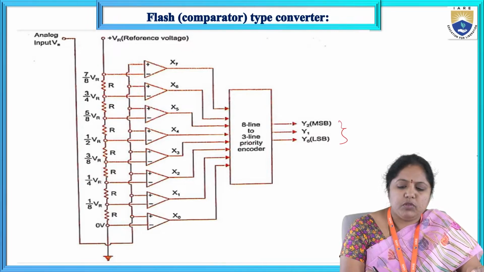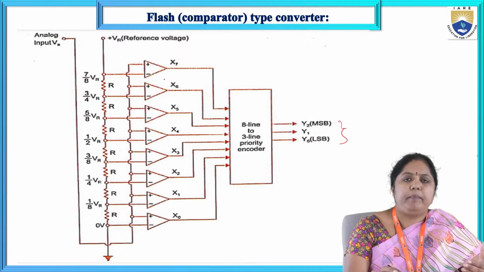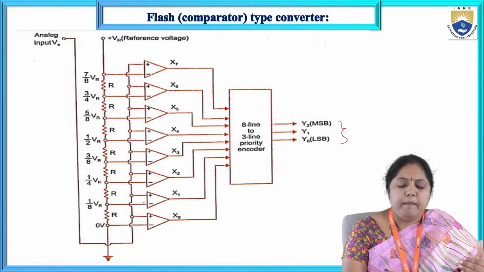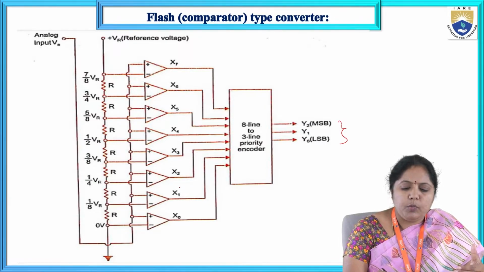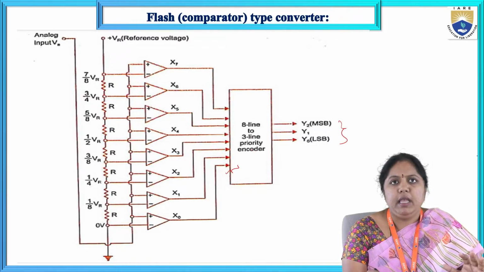As I told you previously, we are taking a series of parallel comparators. If you observe, all the comparators are connected in a parallel manner here, and at the same time, the outputs of all the comparators are given as the input for the priority encoder.